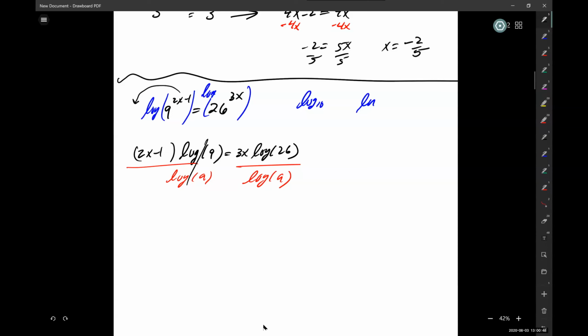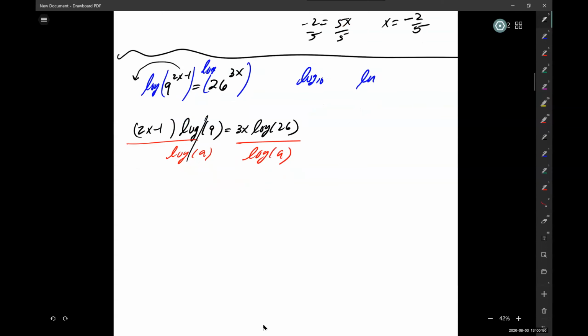So we have 2x minus 1 is equal to, on the right-hand side, 3x times, and if we calculate that, log 26 divided by log 9. Going out a couple decimal places, that's going to give me 1.483.